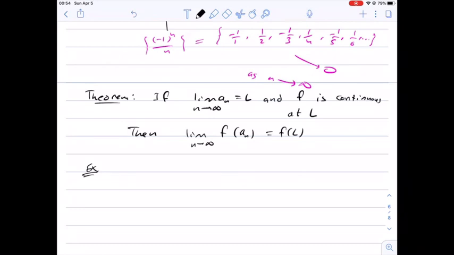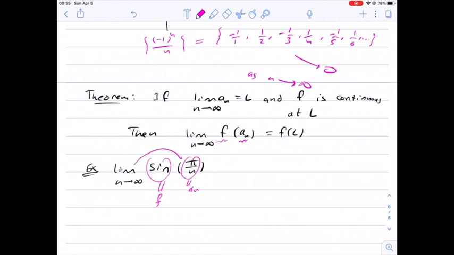What does that mean? Let's take an example to explain this. So if we have the limit of sine pi over n as n goes to infinity. Now we have a sequence and we have a function. This is the sequence a sub n, and this is the function f. So we have a sequence inside the function f.